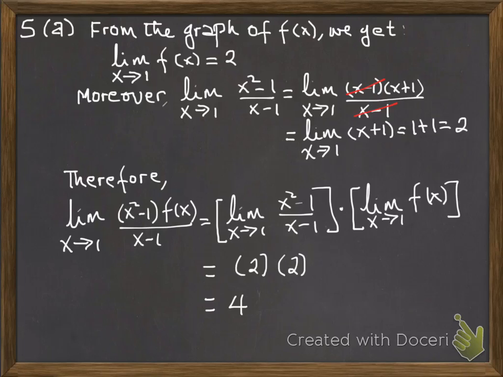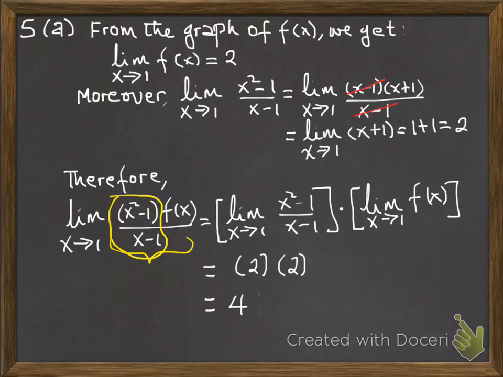Number 5. In question number 5, we are given the graphs of f and g. Now problem number 1 asks you to find this limit. Since f of x is not known, it is just its graph, we should be able to split this limit into two, like this.